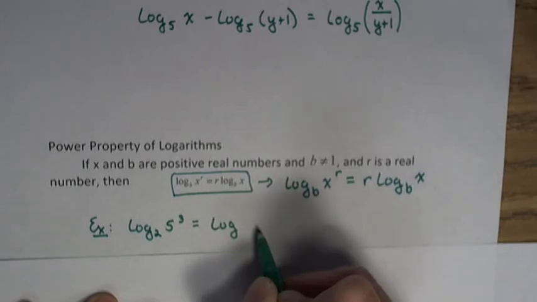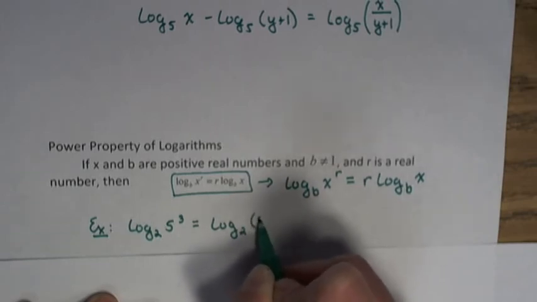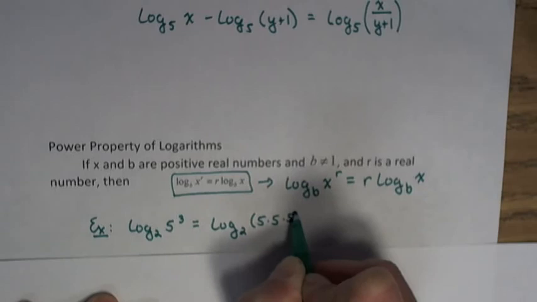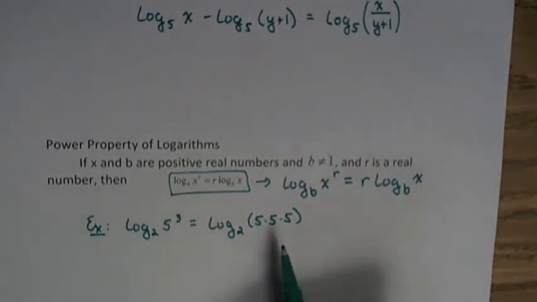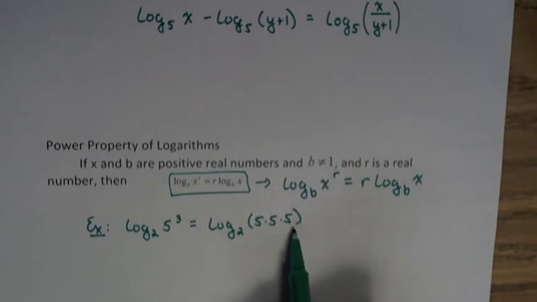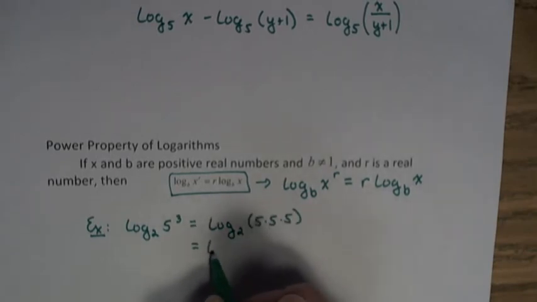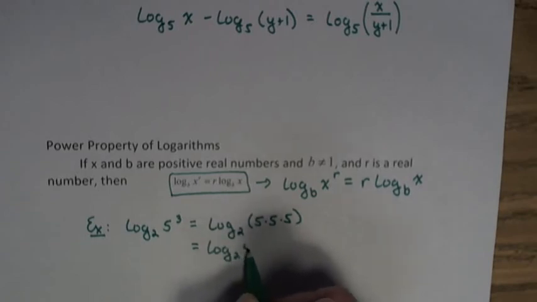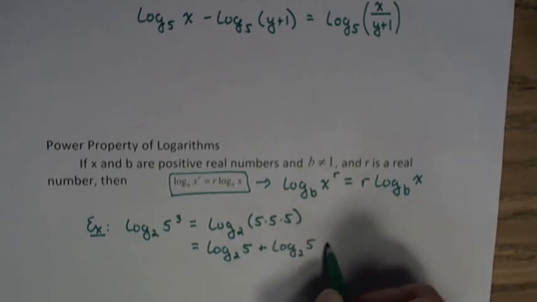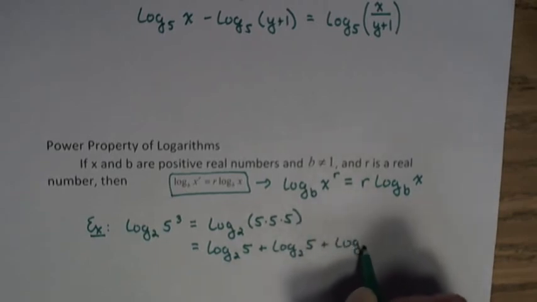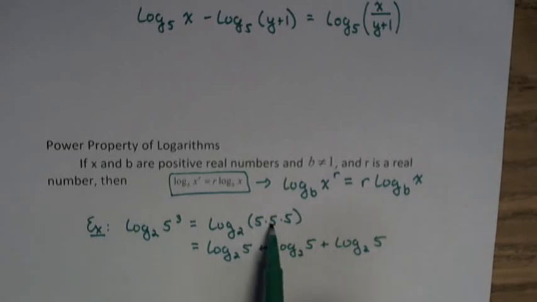So that's log base 2 of 5 times 5 times 5. If I look at that, I could apply the product property here and rewrite this as log base 2 of 5 plus log base 2 of 5 plus log base 2 of 5. Again, 3 5s are being multiplied together, so I can expand this out into 3 separate logarithms.